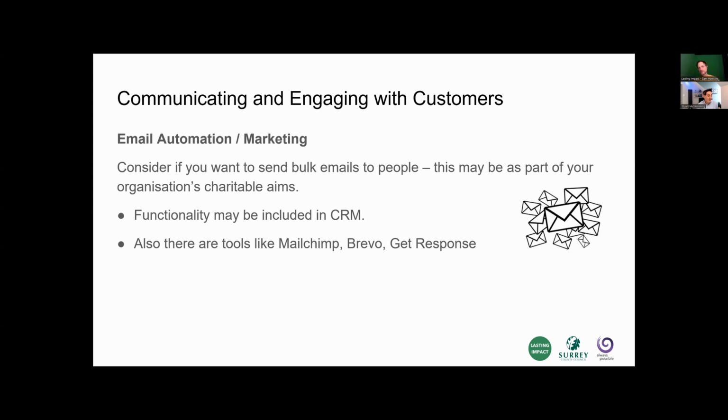If you just try sending it from your email system, pretty rapidly you'll find that you get blacklisted and end up in people's junk and spam folders. If you use some email automation marketing software, which may be built into a CRM, you can make sure those emails get through. You can track how those emails are performing with people, and you can automate the process to save you time.